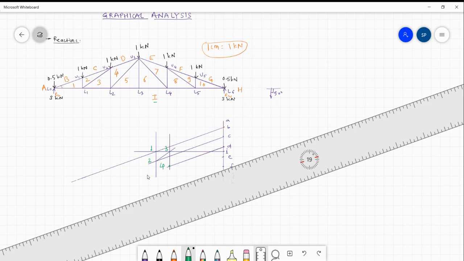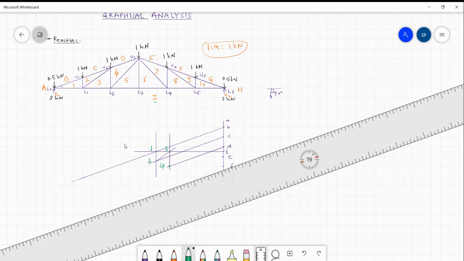Then next we have to locate 4 to 5, or we will locate the member force L2 U3. So for that you have to draw 4 to 5. Now for 5, another reference is what? 6, so it's not located. What is located? I is located. So 5 to I will be the other reference for locating 5. So we have two references, one is 4, another is I. First we will start with 4.